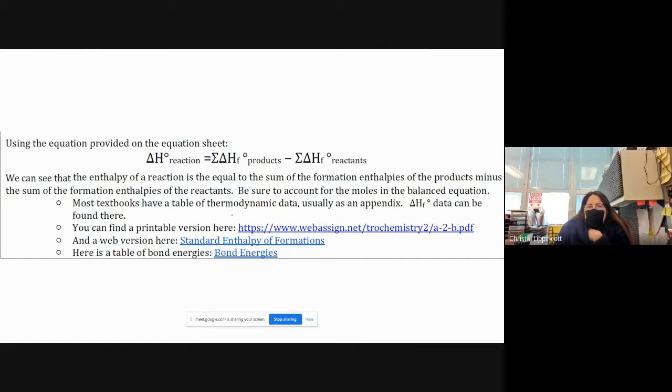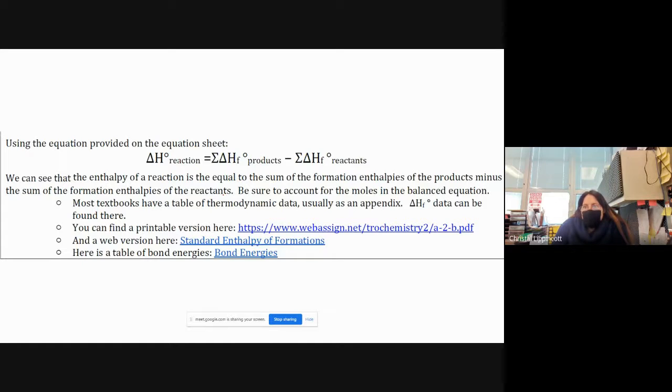All right. So when we are doing this, delta H reaction is going to be products minus reactants. When we are working with these, the enthalpy of reaction is equal to the sum of the enthalpies of formation of the products minus the sum of the enthalpies of the reactants.